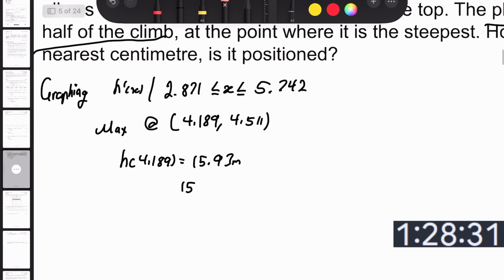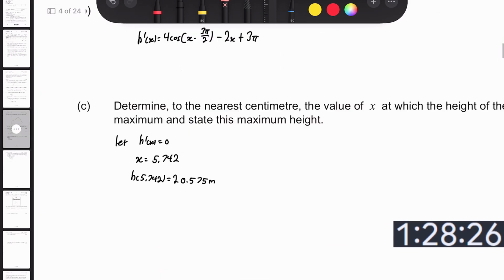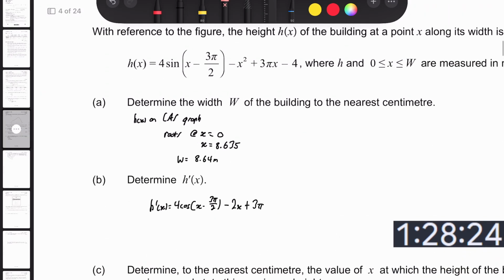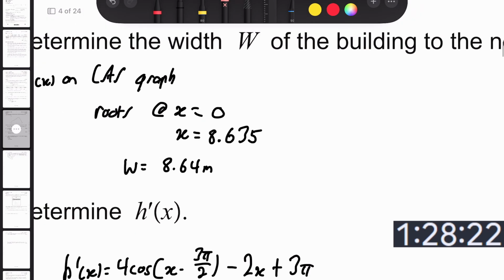So then 15 meters, 93 centimeters from the ground. That's fine, to the nearest centimeter. And for the previous one, I'll say 8 meters, 64 centimeters.